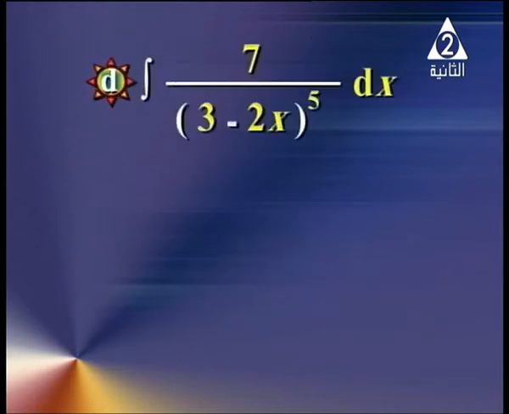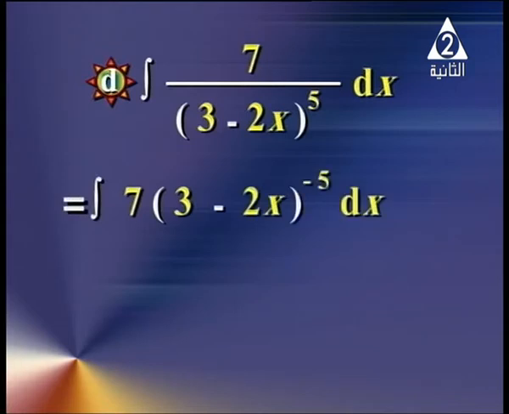Number D. What is the integration of 7 over bracket 3 minus 2x all power 5 dx? Excellent student. We can write the function by another method: 7 multiply bracket 3 minus 2x all power negative 5 dx. By using the previous rules, we add negative 5 plus 1 equals negative 4 and divide by negative 4.